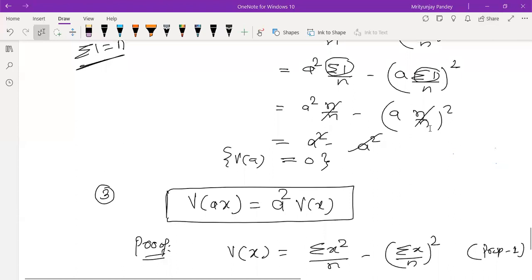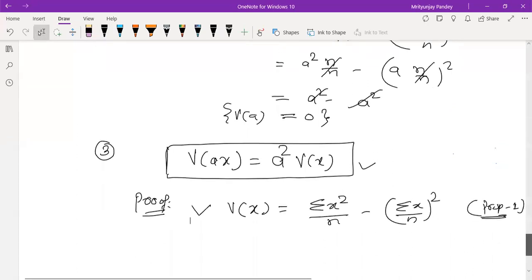Okay, so let's discuss the third property, that is V of ax equal to a square V of x. Now prove it. So first of all, this is your property number 1: V of x equal to summation of x square by n minus summation x upon n the whole square.